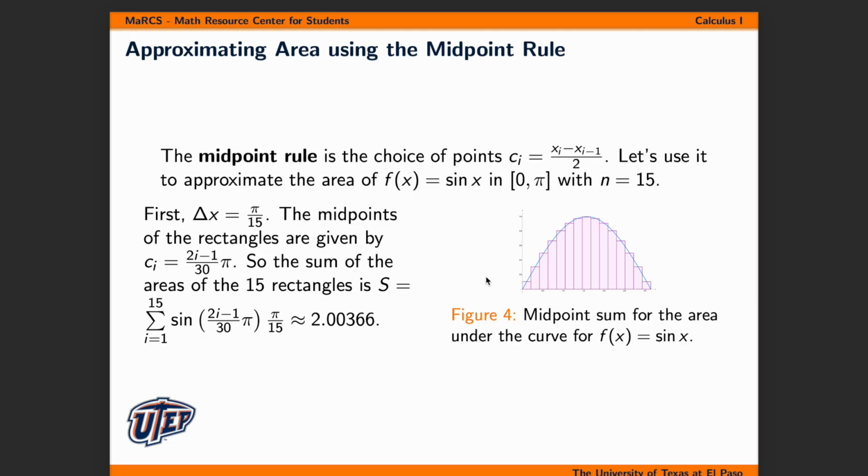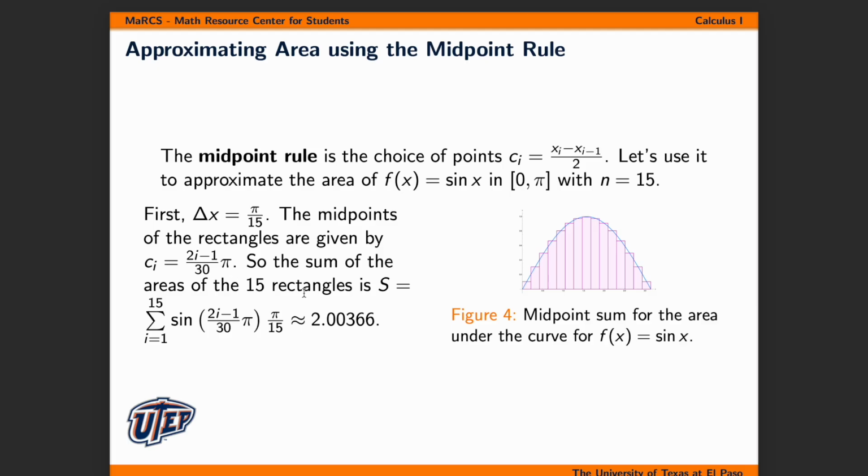So first, delta x will be equal to pi over 15, because our b is pi, our a is 0, so pi minus 0 is equal to pi, and n is 15. So pi over 15 for our delta x. The midpoints of the rectangles are given by 2i minus 1 divided by 30 times pi.